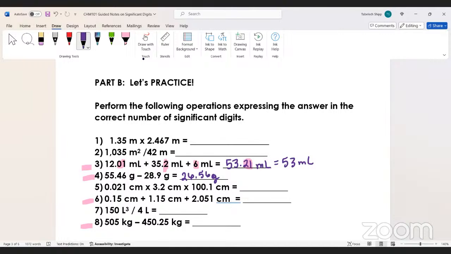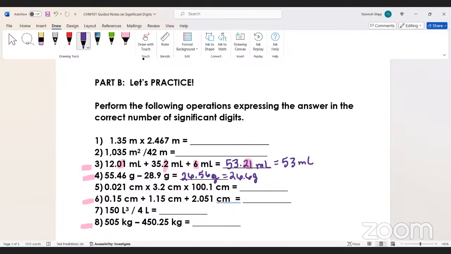So what should our final answer be? Okay, Jacqueline says 26.6. You are correct. Once again, very good. 26.6 grams is correct. All right, we moving and shaking.